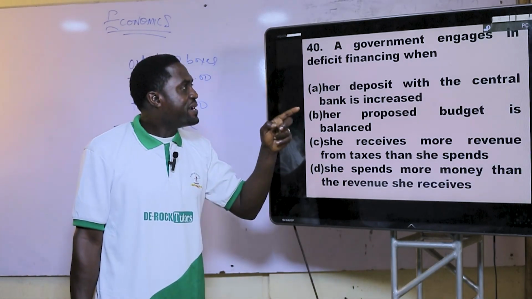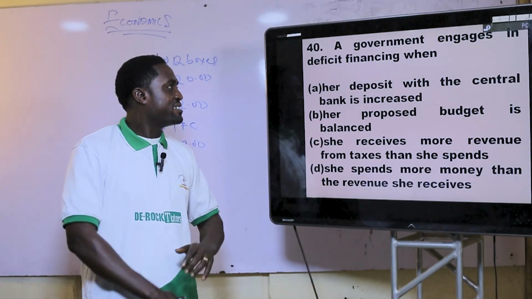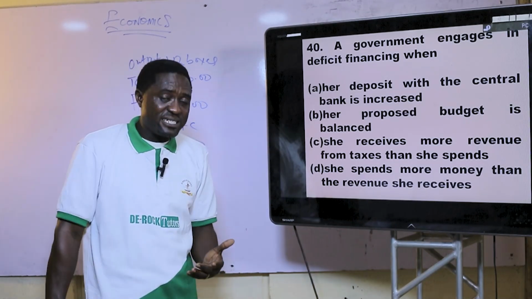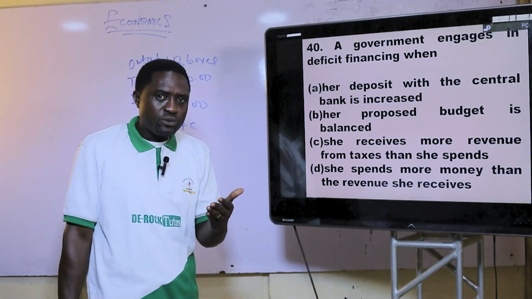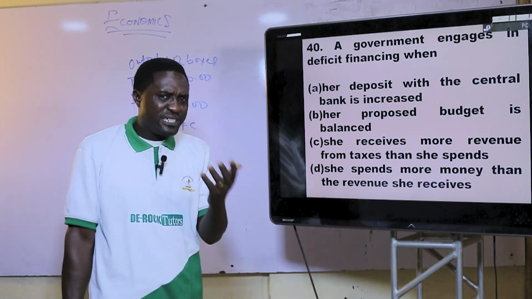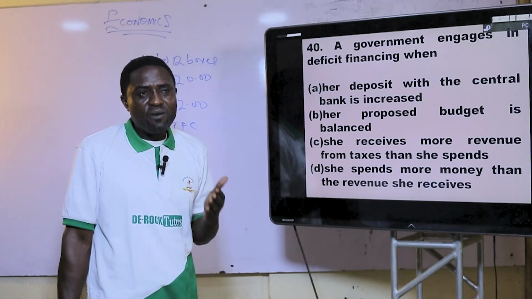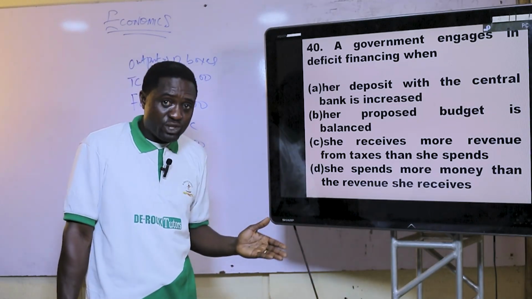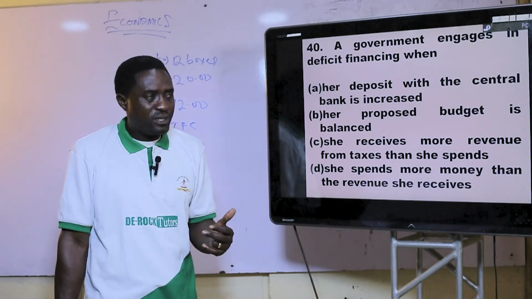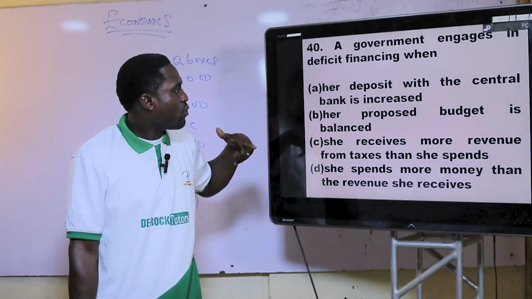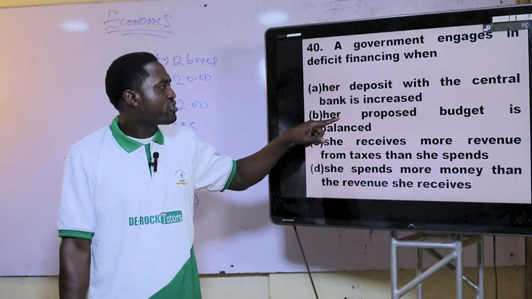40. A government engages in deficit financing. Like I said the other time, if the expenditure is more than revenue, then there is deficit. Or if the revenue is more than the expenditure, there is surplus. So a government engages in deficit financing where a deposit with the central bank is increased?